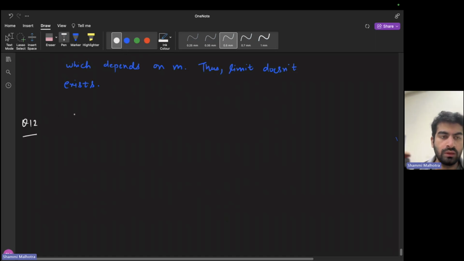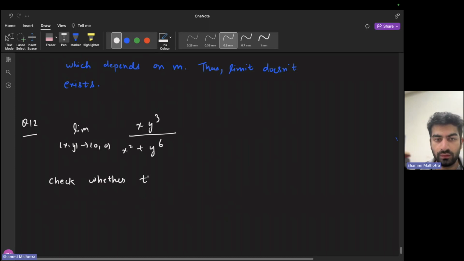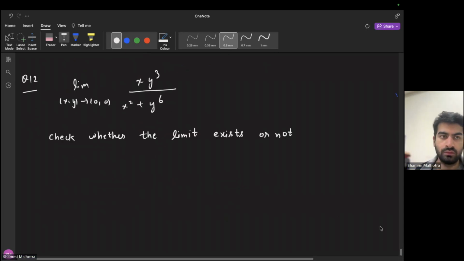So if we have a question, like to see the limit as (x, y) tending toward (0, 0) of x y cube divided by x square plus y to the power 6, check whether the limit exists or not. Okay, so let us start. So again, we evaluate the iterated limits to have an idea of what could be the candidate of the limit.